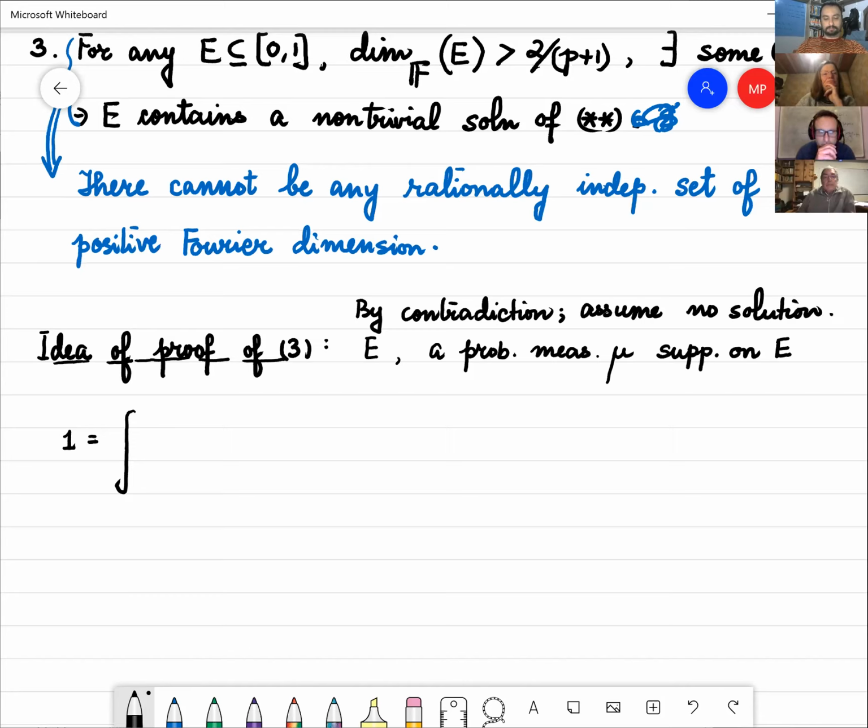Okay, all right. So now what do we do? We start with this probability measure that is given to us with the Fourier decay, so with Fourier decay almost 2 over p plus 1. Okay. And we are going to write this, take 3 copies of it, and you will see in a moment why.